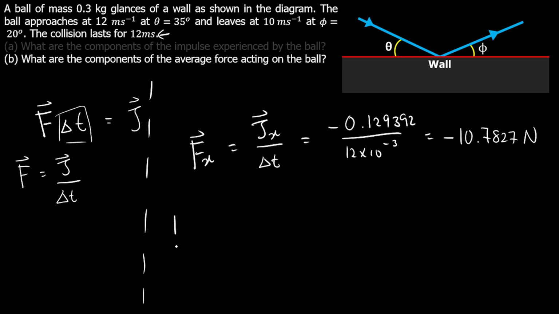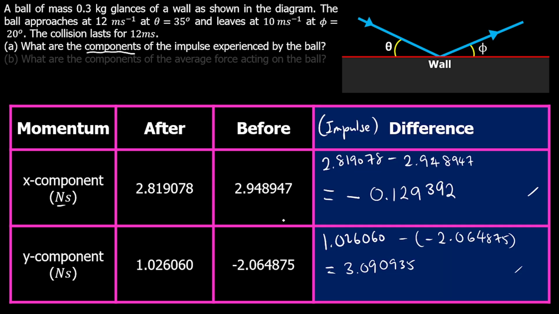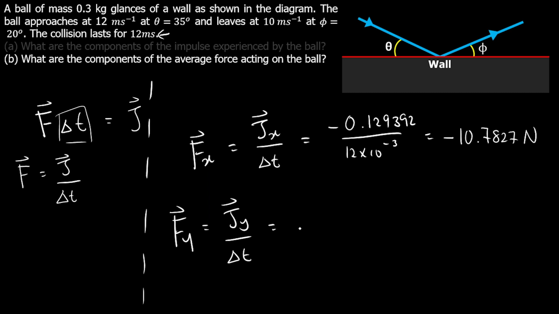And then we can do the same thing with Fy, right? Because, you know, it's the same equation, it's just in different components. So we can write down that Fy equals Jy over delta t, and then we take the value from the previous slide, 3.090935, and then we divide by the same collision time, right?